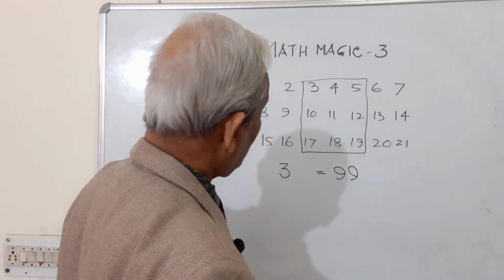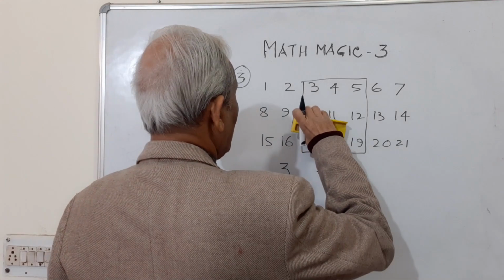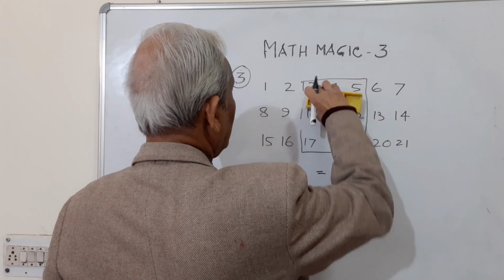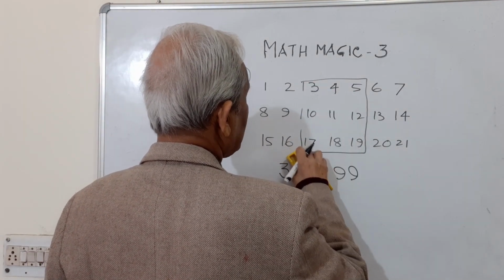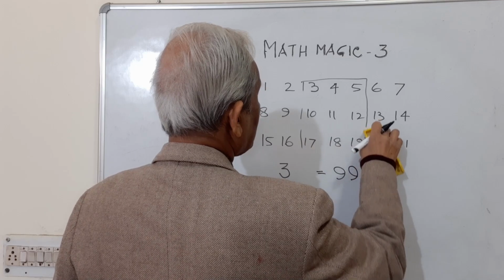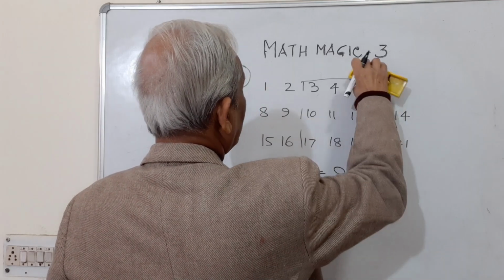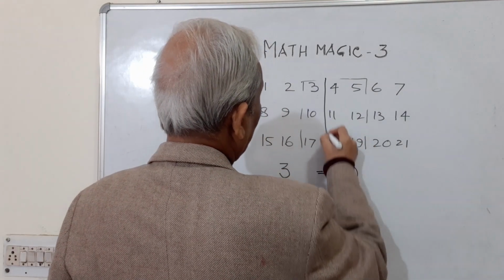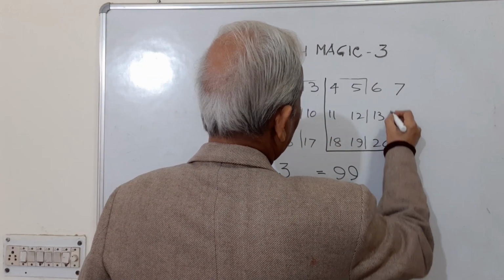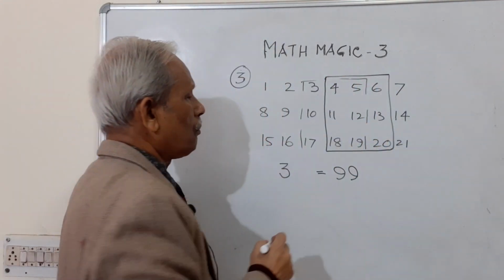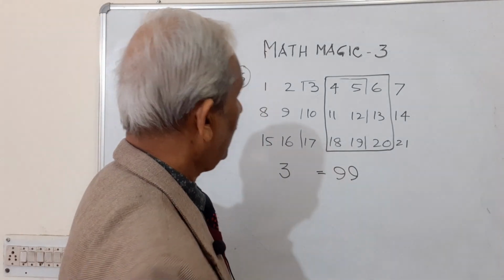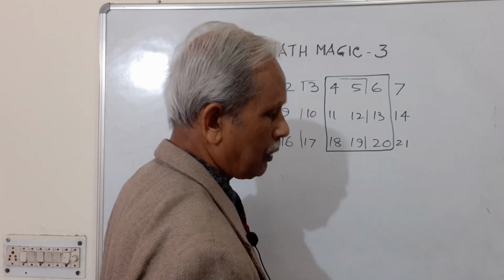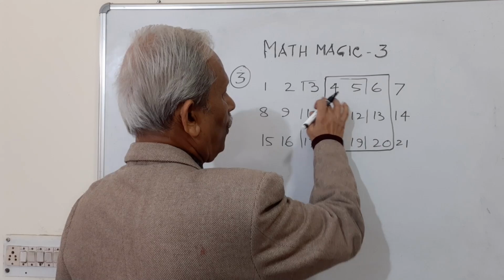Suppose instead you choose another place, say the block starting from 4. You tell me the top leftmost corner number, which is 4.